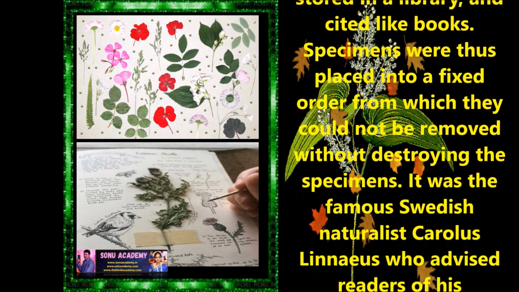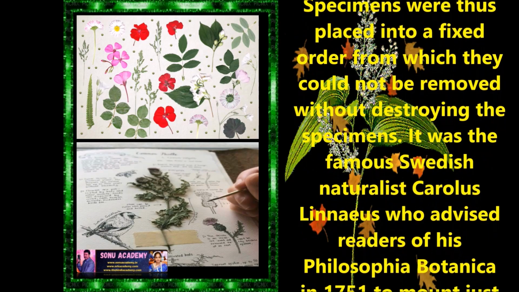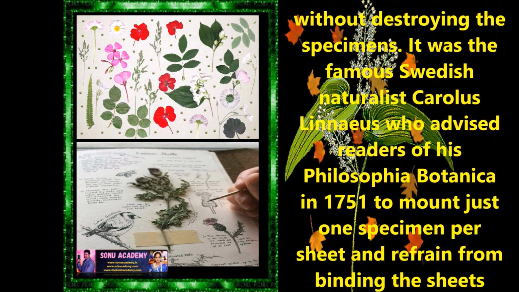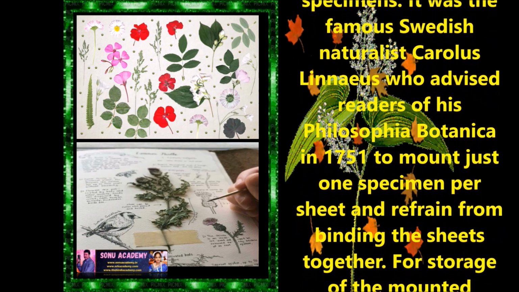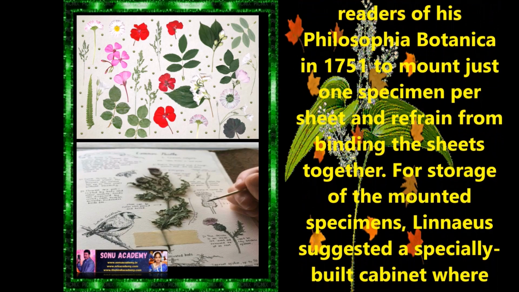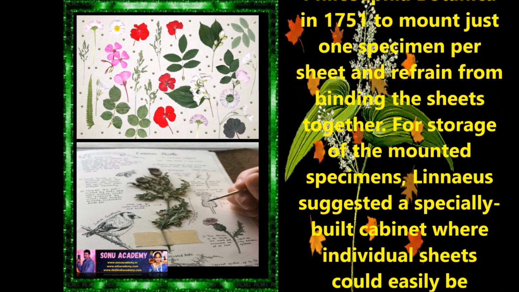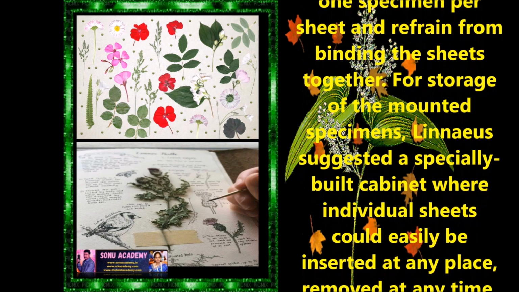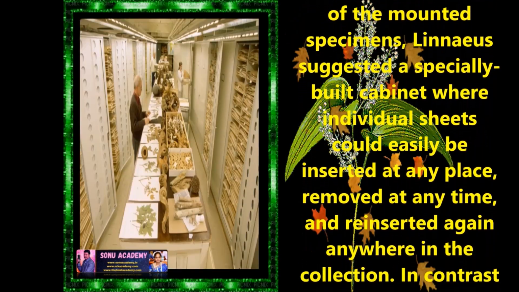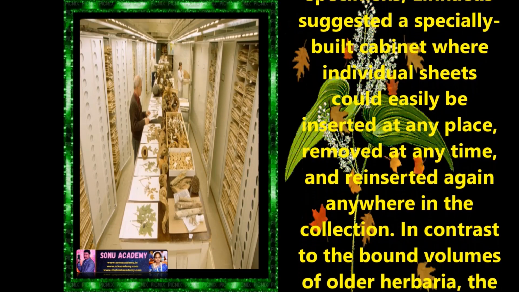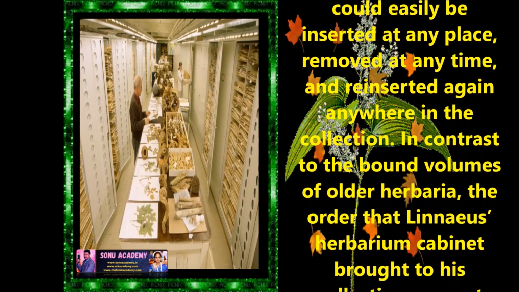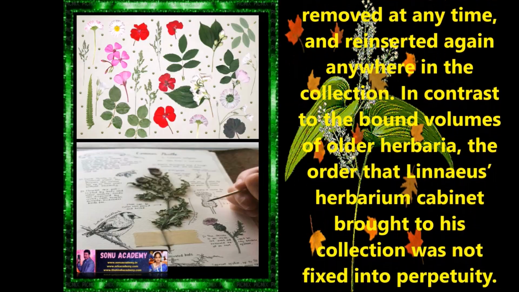It was the famous Swedish naturalist Carolus Linnaeus who advised readers of his Philosophia Botanica in 1751 to mount just one specimen per sheet and refrain from binding the sheets together. For storage of the mounted specimens, Linnaeus suggested a specially built cabinet where individual sheets could be inserted at any place, removed at any time, and reinserted again anywhere in the collection.